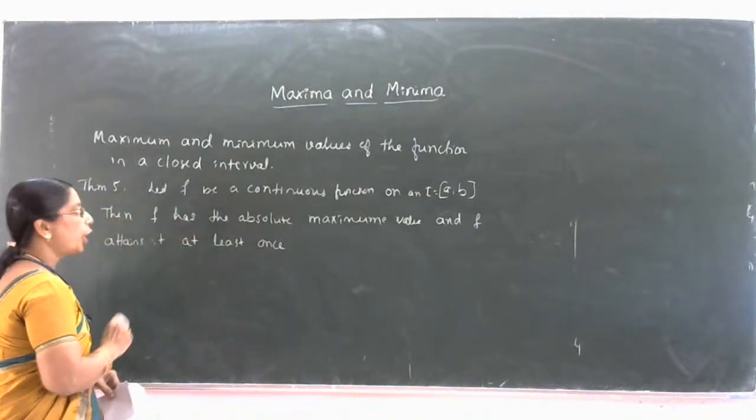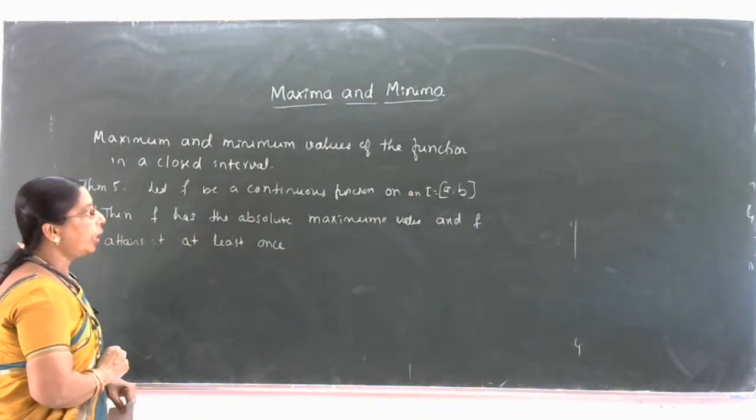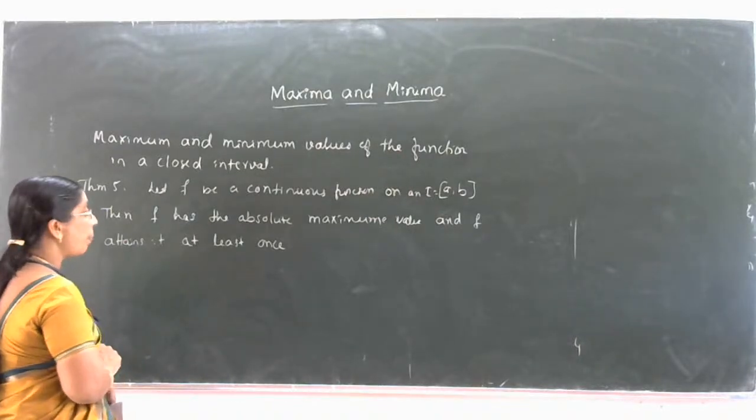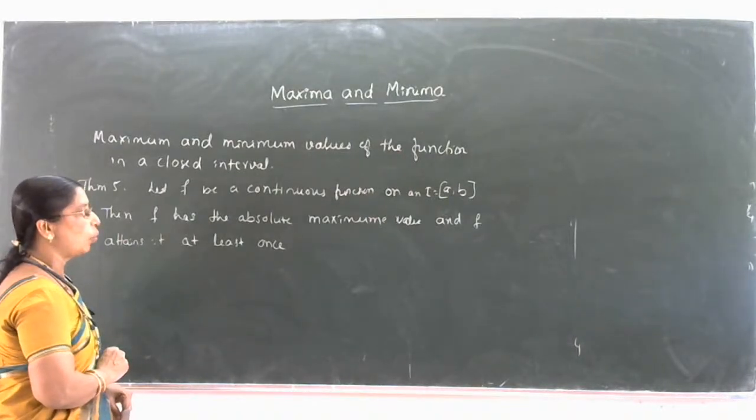It means it's a continuous function in the closed interval AB. Then f has absolute maximum value.